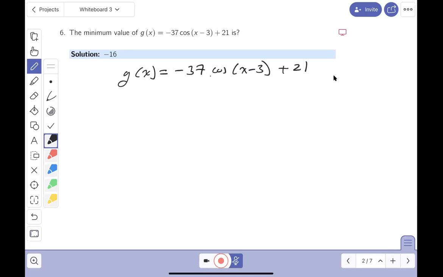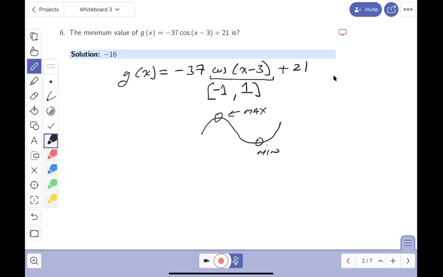What I want to do is say that this thing here, the most it could ever be is 1, and the least it could be is -1. So let's take a look at it one step at a time. This is definitely a cosine curve. Whatever it looks like, it's definitely a cosine curve. There's going to be some value there and some value there. This would be maximal, and this would be minimal.